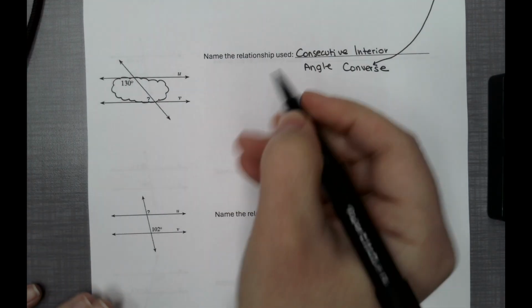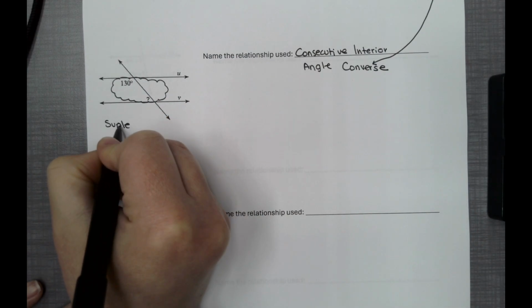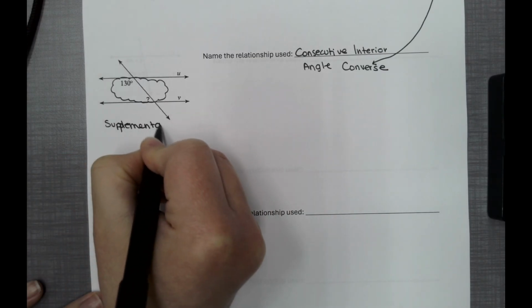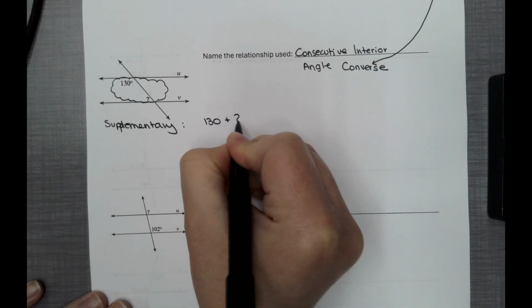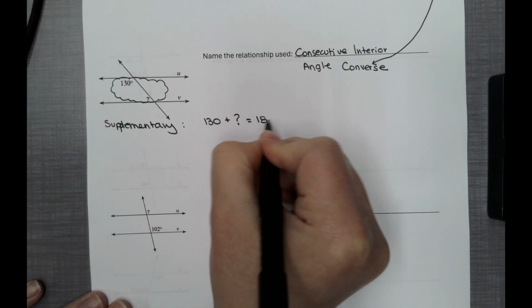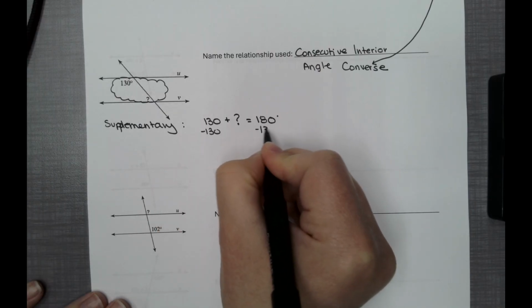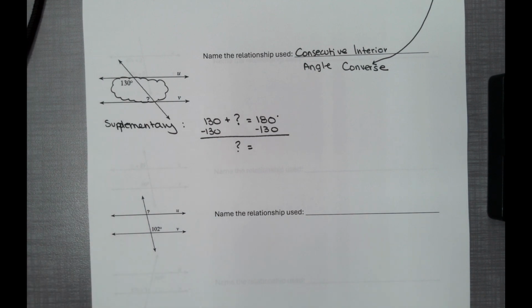Now, consecutive interior angles are supplementary. Supplementary means that we're going to take 130 plus something, and that's going to equal 180 degrees. I'm going to quickly subtract 130, subtract 130. That means our unknown angle, you can call it X if you'd like, is going to be 50 degrees.